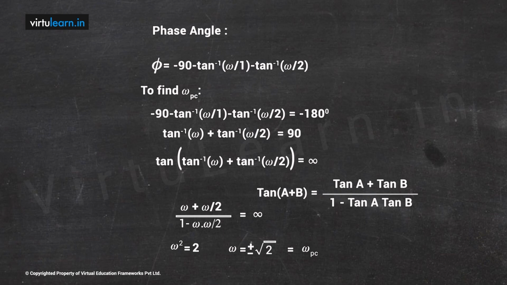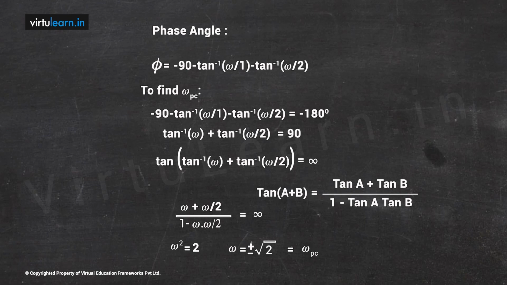Now apply tan on both sides. Tan of this is equal to tan 90, which is infinity. Here we use the tan of A plus B formula: tan A plus tan B divided by 1 minus tan A tan B. When you substitute, omega plus omega by 2, all divided by 1 minus omega square by 2, is equal to infinity.